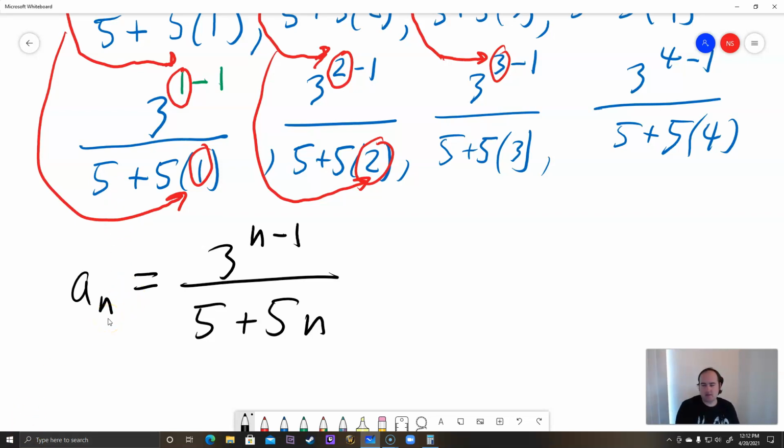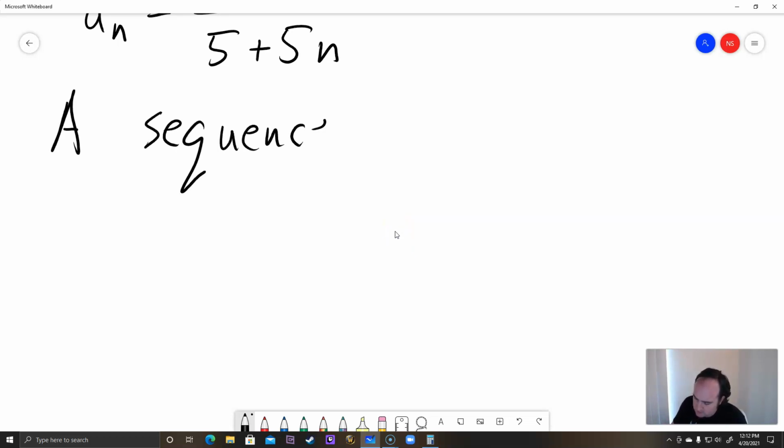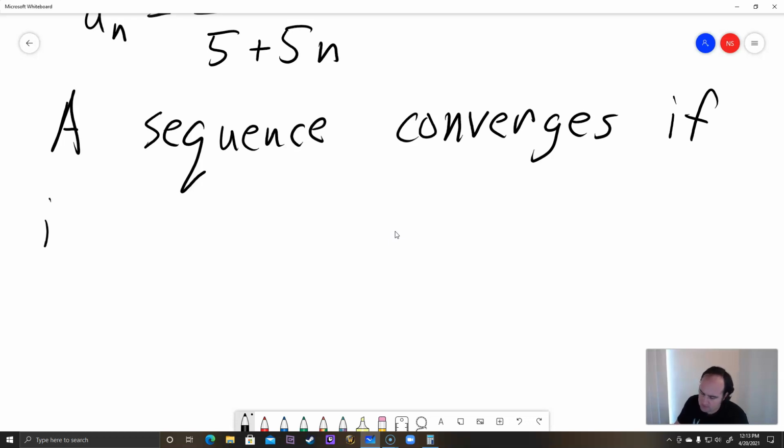Okay, cool. So I wanted to continue. It's a long section that we're working on here. The next thing I wanted to talk about is sequences and whether they converge or diverge. So a sequence converges if its limit exists.